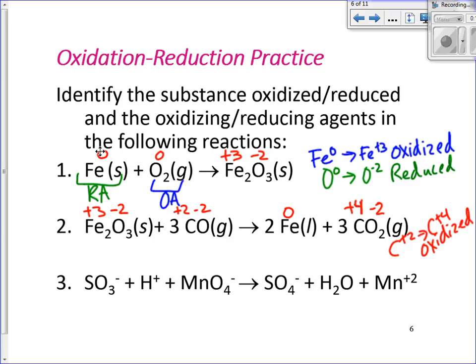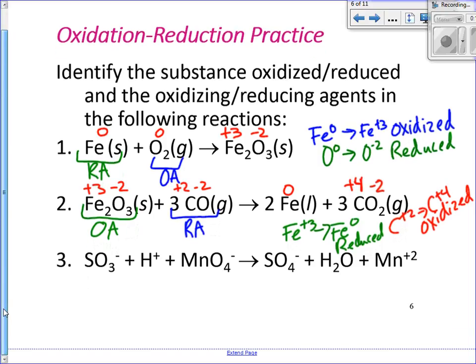But when you're labeling the agent, this entire thing, the carbon monoxide, is your reducing agent, not just the element. Okay? And then iron goes from +3 to 0. So it's being reduced. And therefore, the iron 3 oxide over here is the oxidizing agent, the entire compound.